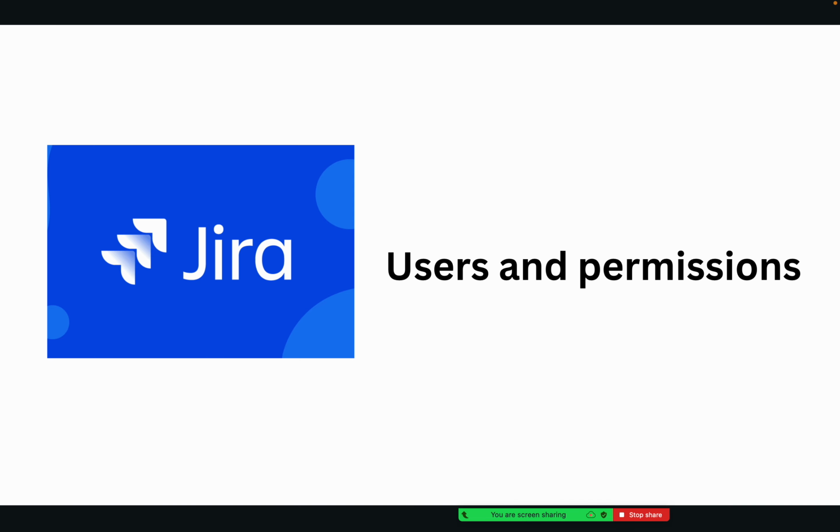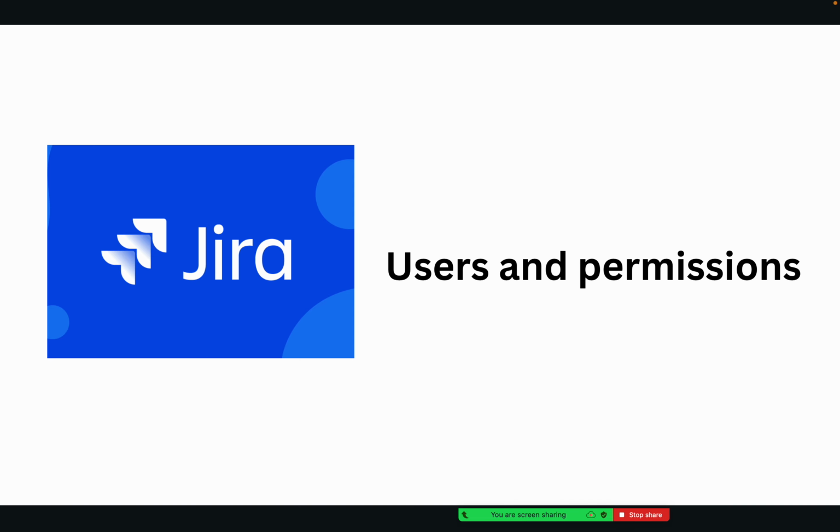So users and permissions. Definitely we are talking about issues, and we are talking about workflow. So issues and workflow, and third, the important core of JIRA is users. Users will work on the issue based on the workflow decided by the project lead or the JIRA admin, and those different users will have different permissions.